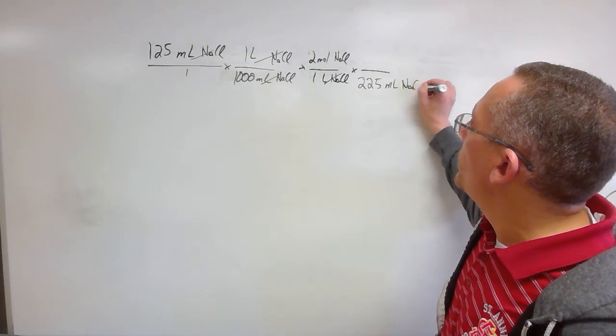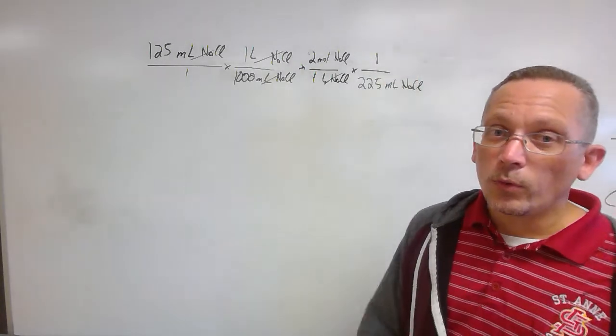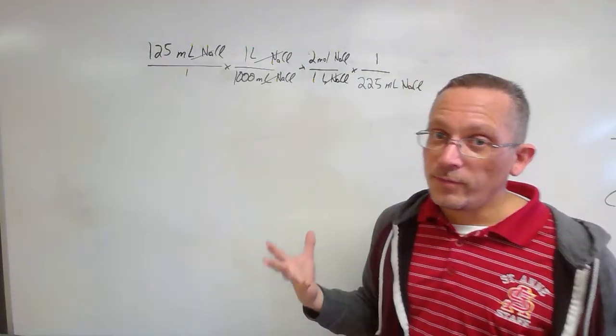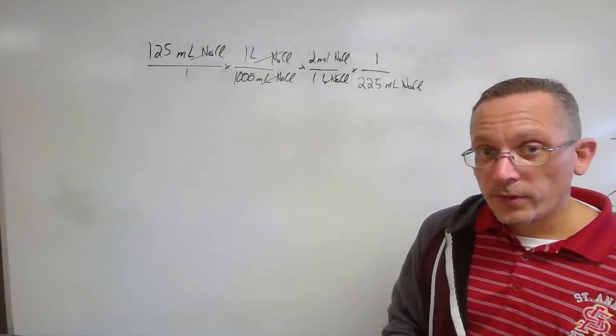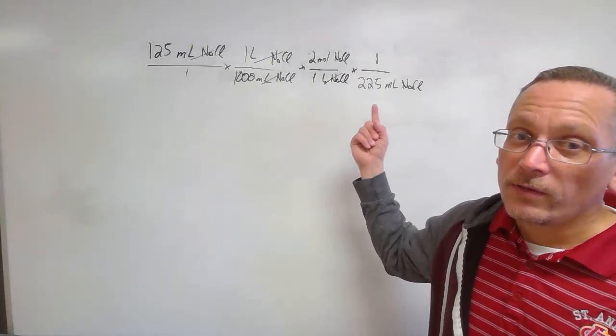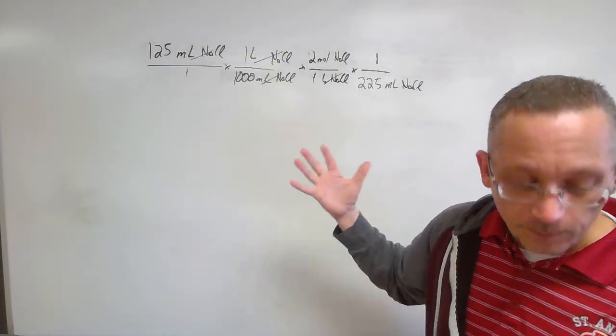That's NaCl. And on the top, I'm just going to put 1. It's kind of like a number I'm starting with, a number they gave me in the problem. If you remember the problems we did the other day having to do with molarity, when we found the concentration, that's what we did. We just put the volume on the bottom with the 1 in the top.